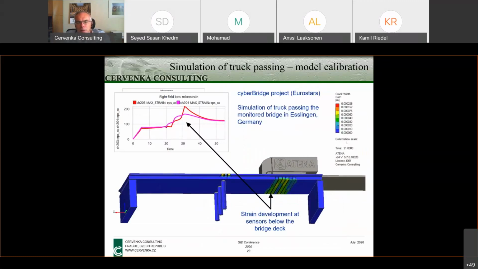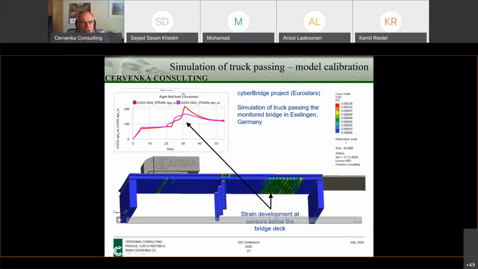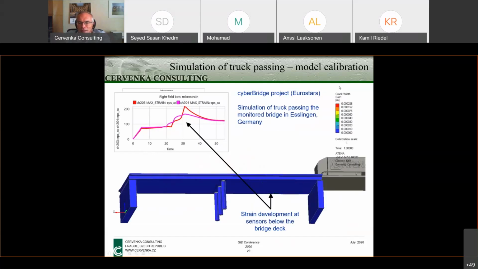So we then ran many analyses passing various vehicles with given weight on the bridge, and we matched the response measured from the monitoring at the locations indicated here. So this is an example from such an analysis where the truck is passing the bridge. Of course, the ATENA label on the truck is not the real one. This is just some advertisement that we put on the model.